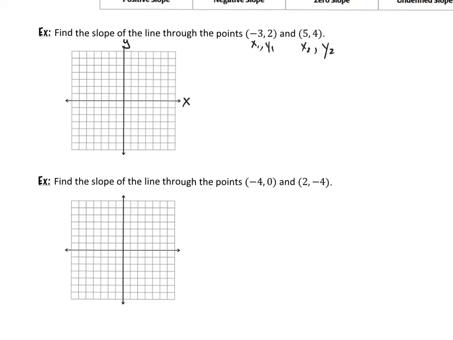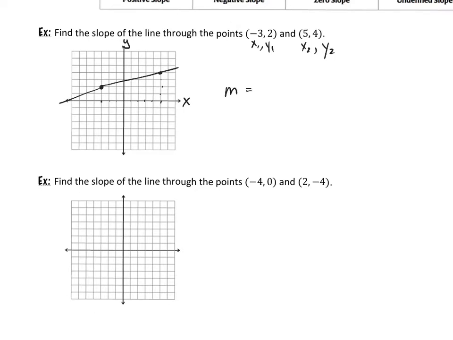And so x is going to be -3, 1, 2, 3, and then up 2. So this is my first point. And then the second point is 1, 2, 3, 4, 5 in the x direction, and then up 4, 1, 2, 3, 4. Okay, so just looking at this, I know that it's rising from left to right, so I should come out with a positive ratio when I plug in to my equation.